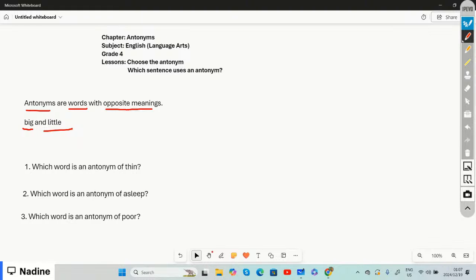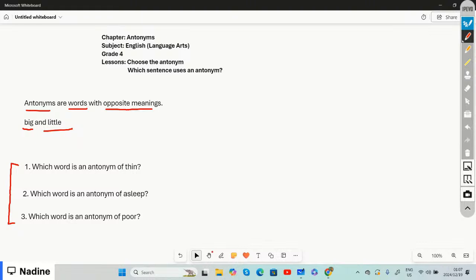So now we're going to look at a sentence. But before we go on to this, let us identify a few words that have opposite meanings. We said antonyms are words with the opposite meanings. So you have a word, and an antonym is the word that has the opposite meaning.